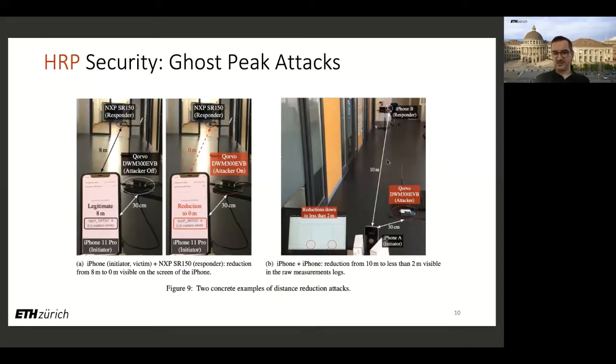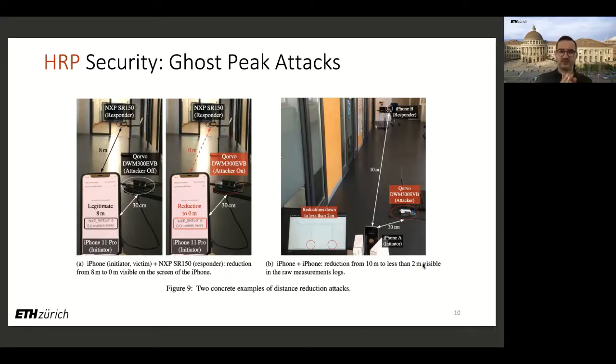And here is another experiment where we do the same with iPhone to iPhone measurements. So a reduction from 10 meters to less than 2 meters that we have seen in our log. So these are two concrete examples of distance reduction attacks, and this shows you that something is off.